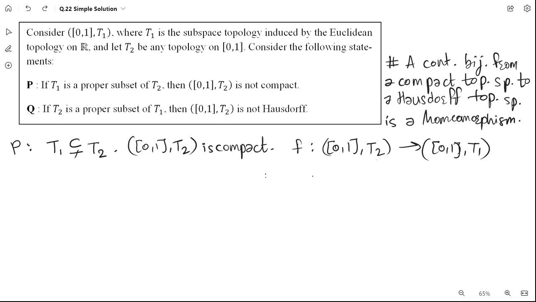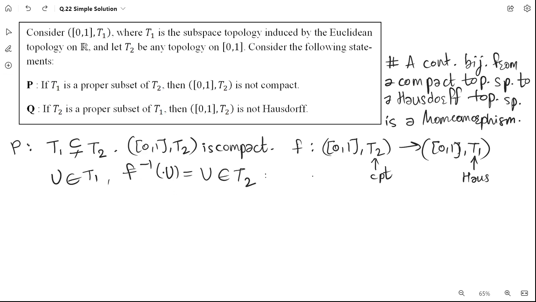Also T2 is compact, and T1 is Hausdorff, because it is a subspace topology induced by the Euclidean topology on R, and R with the Euclidean topology is Hausdorff, so T1 is also Hausdorff. Also if you take any open set in the codomain, suppose U belongs to T1, then F inverse of U is U itself, and since T1 is contained in T2, U belongs to T2 as well.